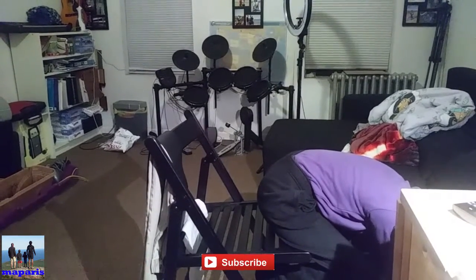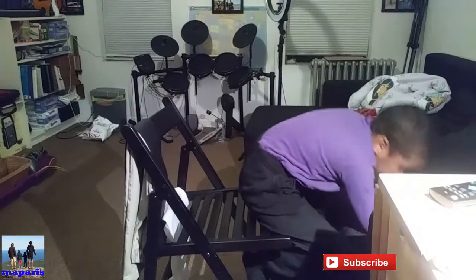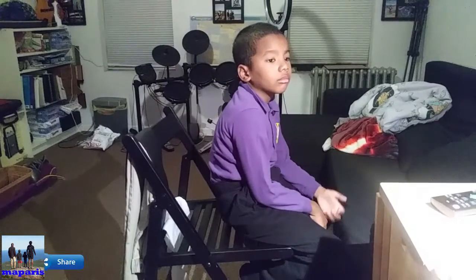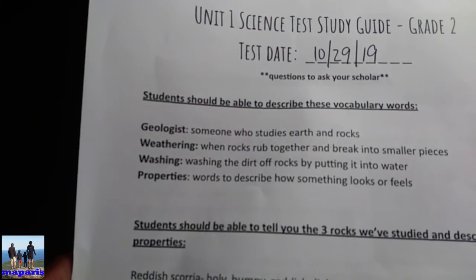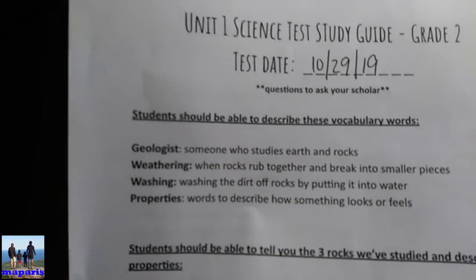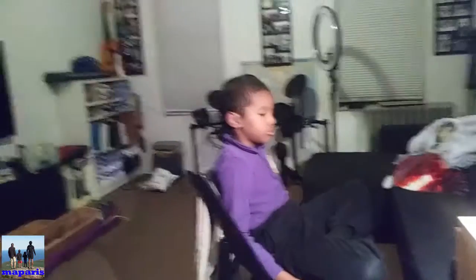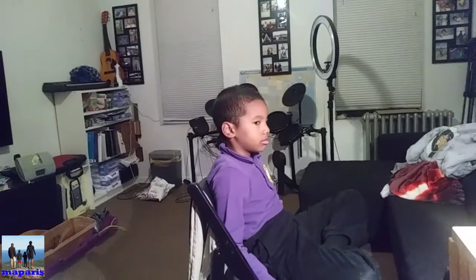Instead of giving you the word and then you give me the meaning, I'm giving you the meaning. Now you tell me the word. When rocks rub together and break into smaller pieces, it's called weathering. Weathering. That's it. I thought it was called rock dust and then sand. No, I give you the meaning and you just have to tell me.